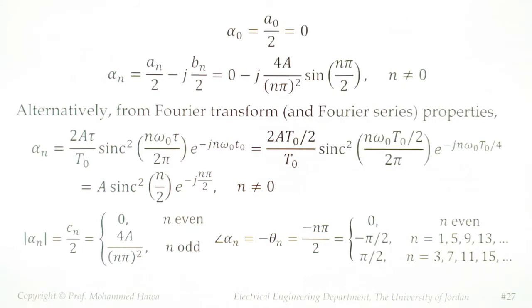So we get either positive j or minus j, and depending on that, we get the phase shift of minus pi over 2 or pi over 2, which is minus 90 degrees or plus 90 degrees. Please first solve the problem yourself, get the trigonometric form, the complex exponential form, the compact form, and then compare your answers to my answers here.